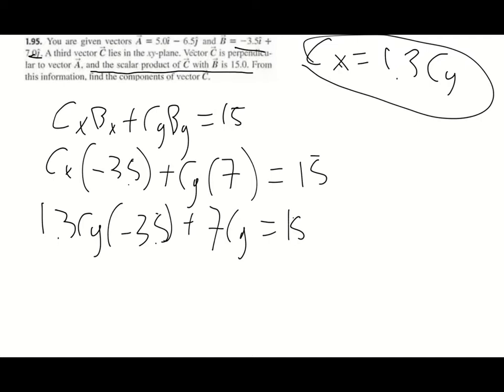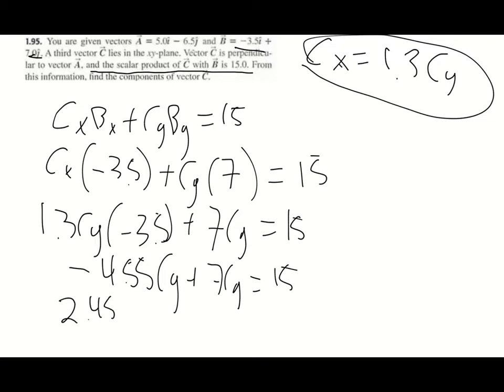So I add all those together. 1.3 times 3.5 is going to give me negative 4.55. So negative 4.55 CY plus 7 CY is 15. So I have 2.45 CY equals 15.